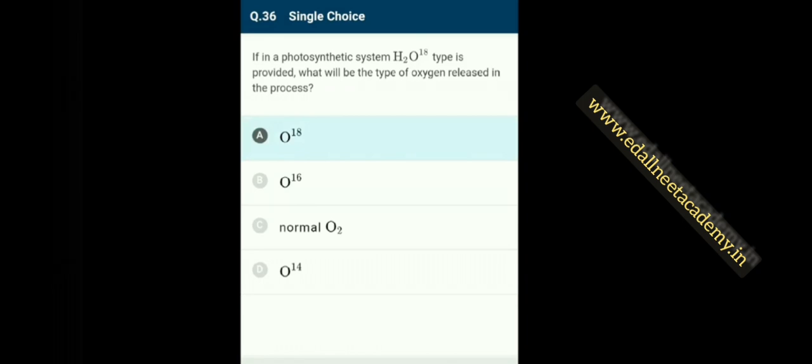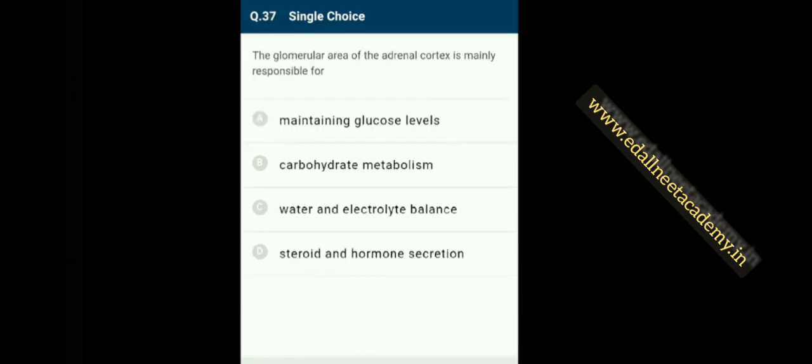Question number 37. The adrenal cortex is mainly responsible for the... The adrenal glands on the kidneys produce a variety of hormones. The adrenal gland is divided into two parts, adrenal cortex and adrenal medulla. The cortex is further divided into zona glomerulosa, zona fasciculata and zona reticularis.